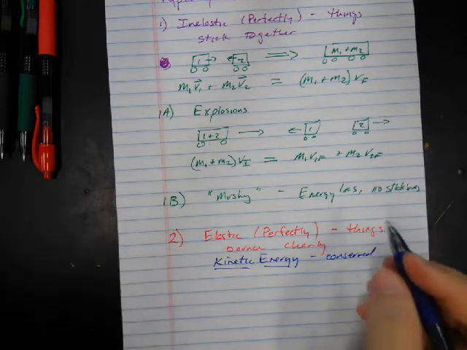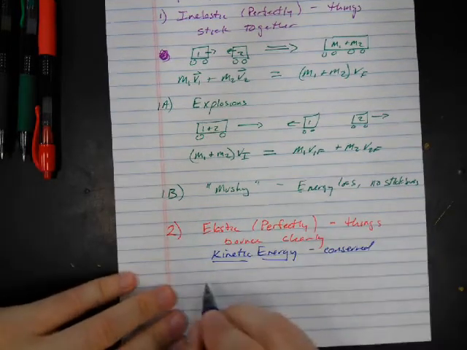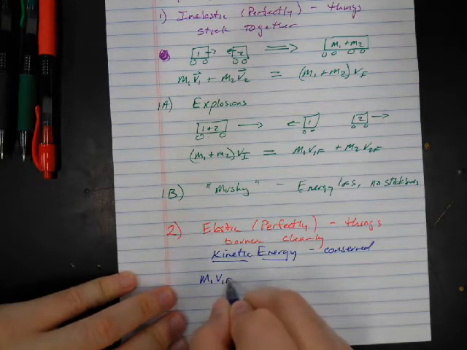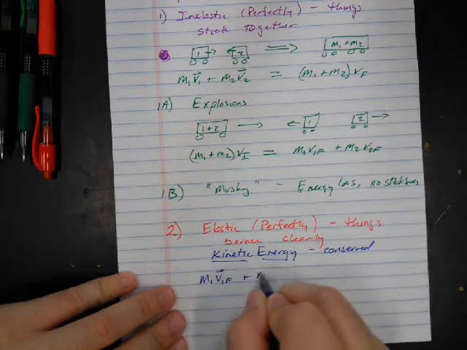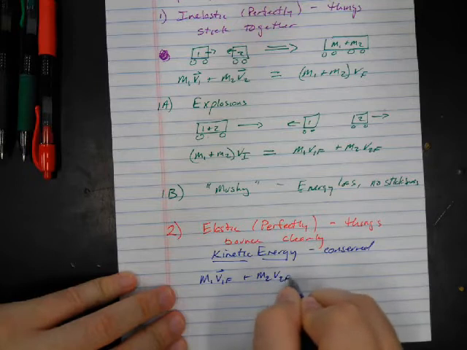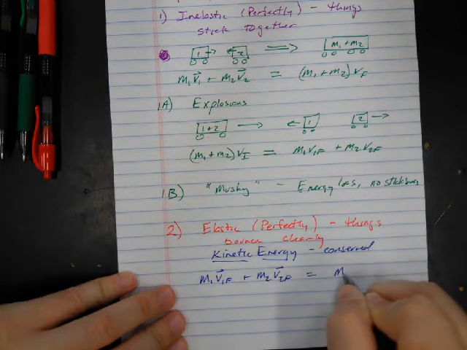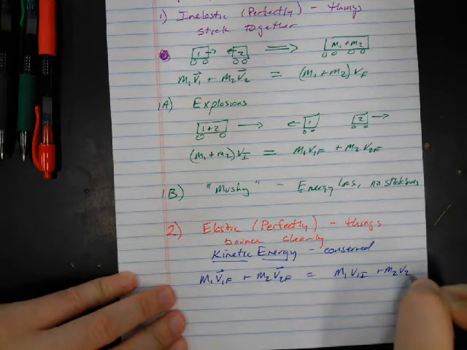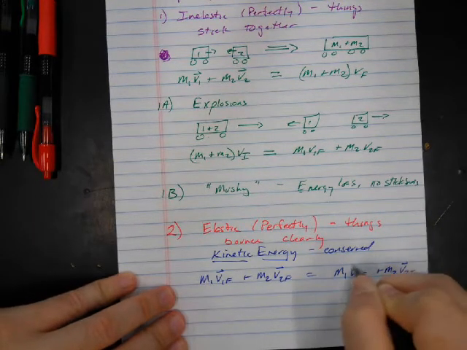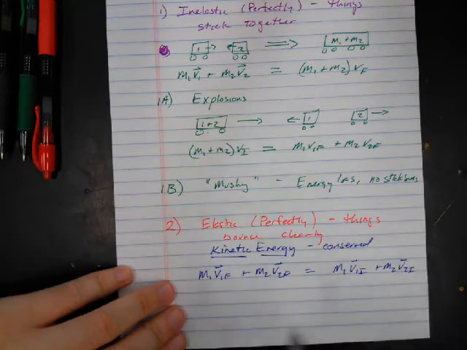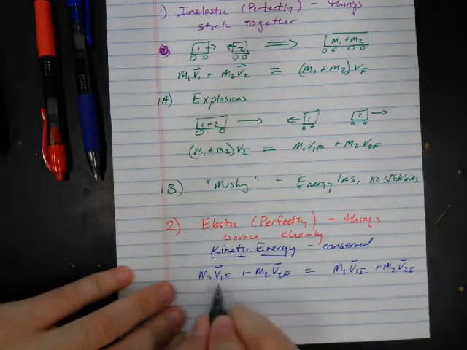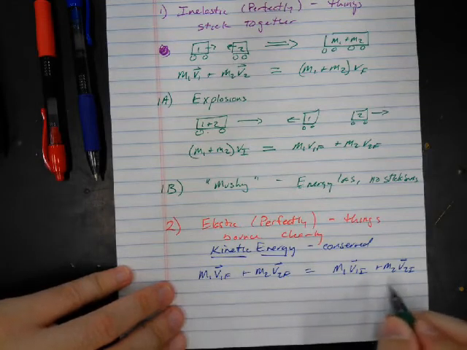So we can write equations, right? We're always going to write something like M1 V1 final plus M2 V2 final equals M1 V1 initial plus M2 V2 initial. But we can also go in and write the kinetic energy associated with each object.